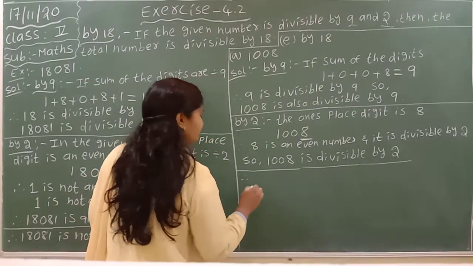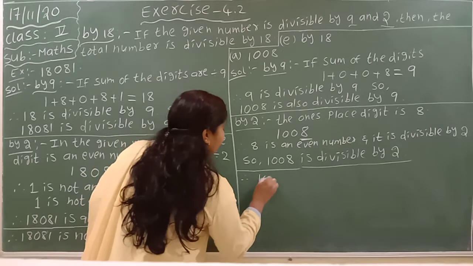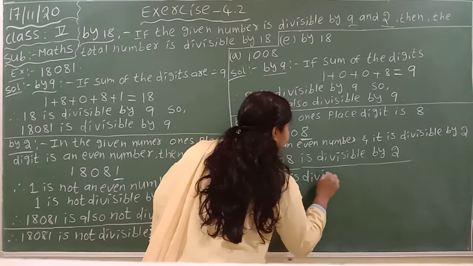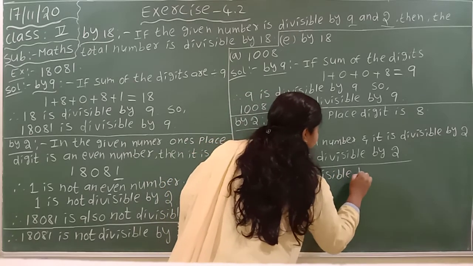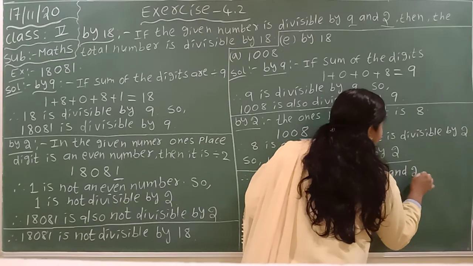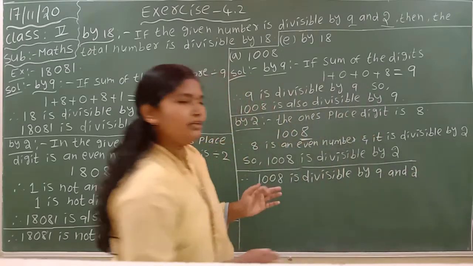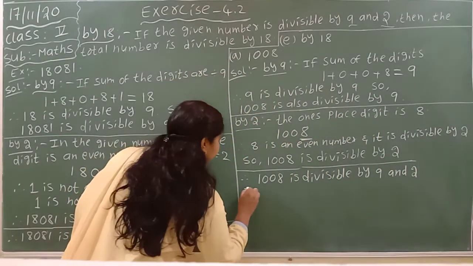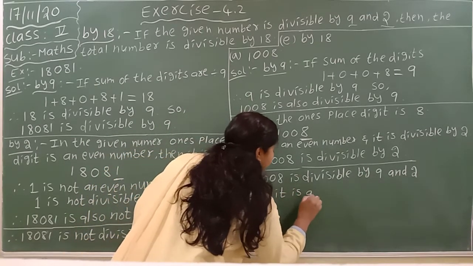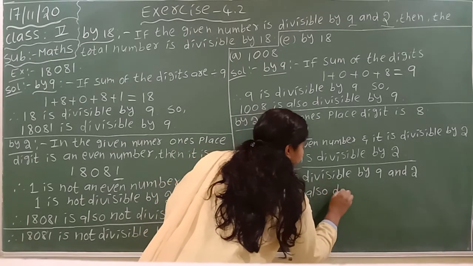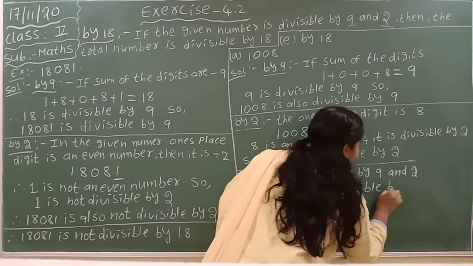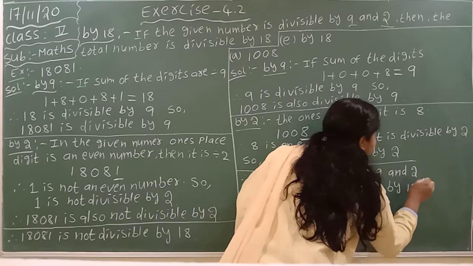Last step. What you have to write? Therefore, 1008 is divisible by 9 and 2, so it is also divisible by 18.